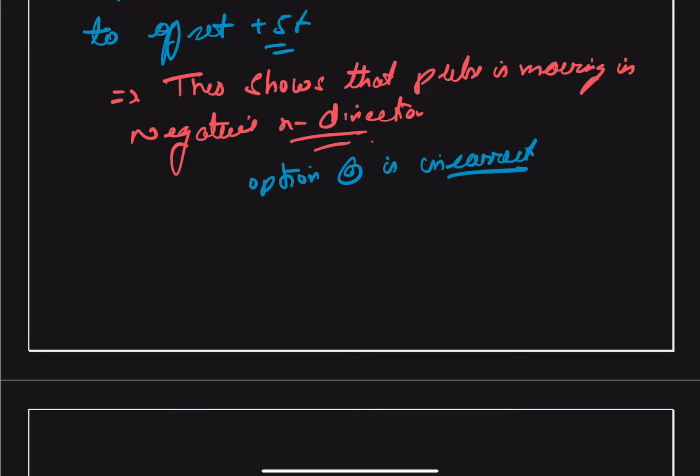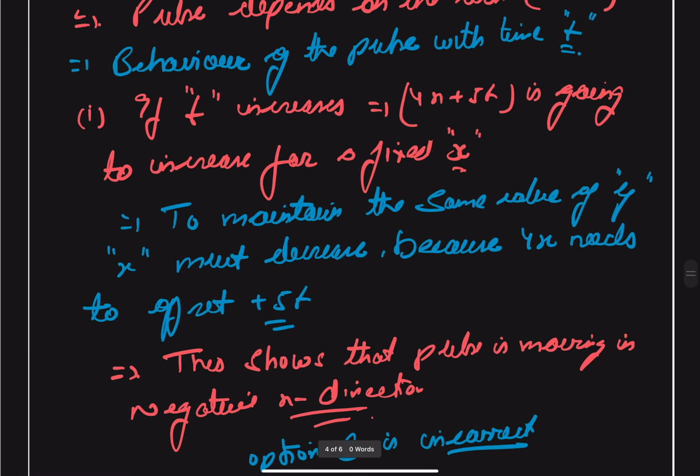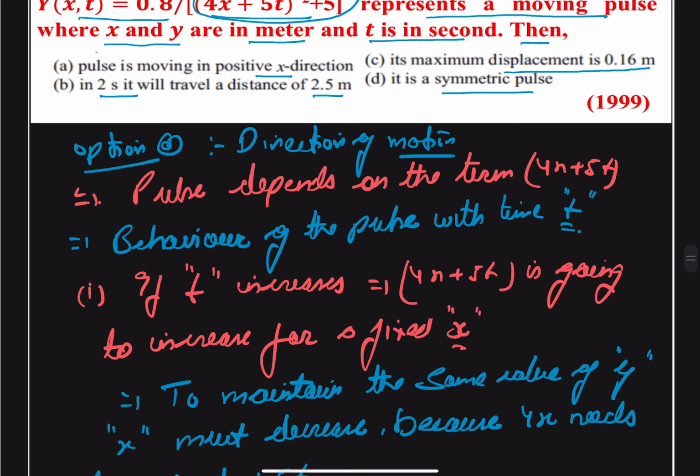Now second, we are going to find out the speed of the pulse, and based on this, we are going to find out how much distance it is going to travel.